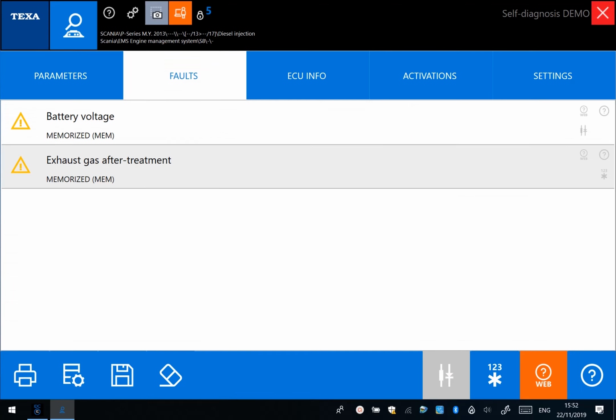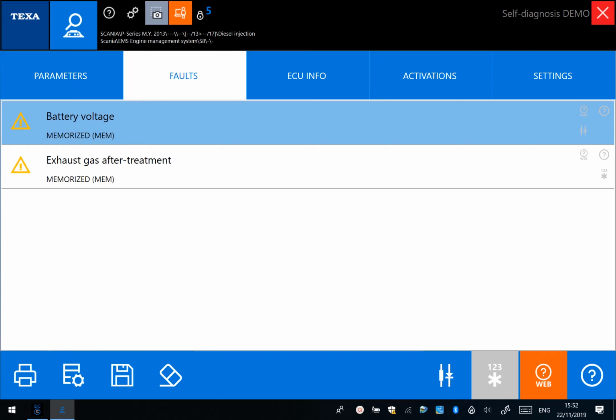So we'll just head back on there. Just on this top one at the moment, on the other one we've got the battery voltage. Again, it's a memory fault, so something that's occurred in the past that we can usually clear out. But what's happened is it has lit up a component wiring diagram.